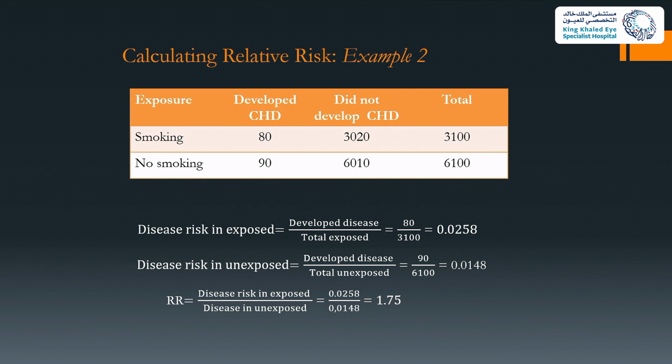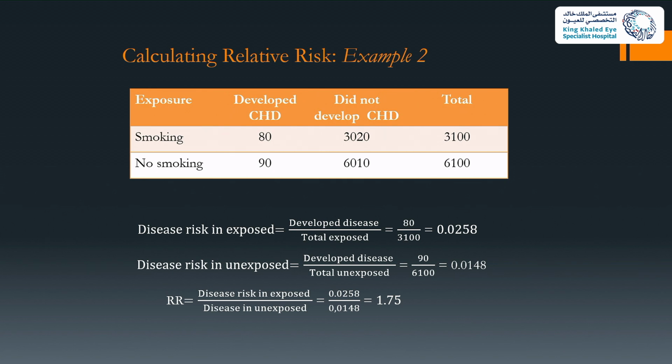The first step is you calculate the risk in the exposed group, and then you calculate the risk of coronary heart disease in the unexposed group, and then you divide the risk in exposed by the risk in unexposed.